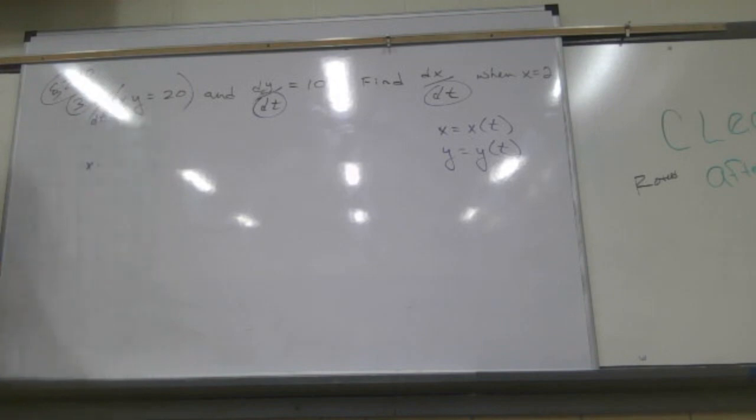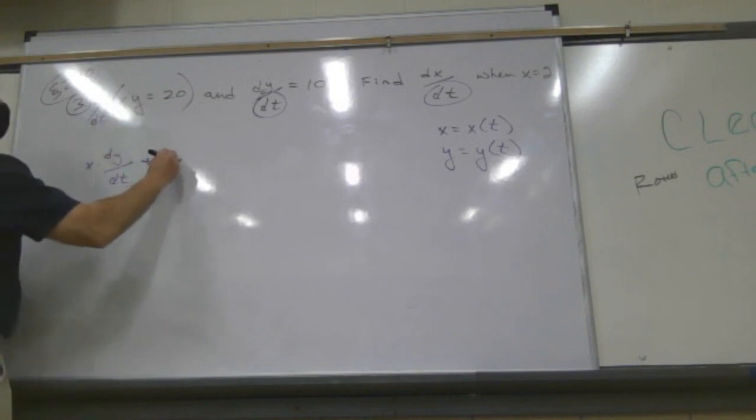That's 1, and then I have to attach a dy/dt. Or you could just say the derivative of y with respect to t is dy/dt. Or you can say 1, and then by the chain rule times dy/dt, or by implicit differentiation.